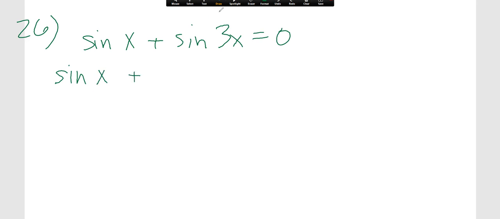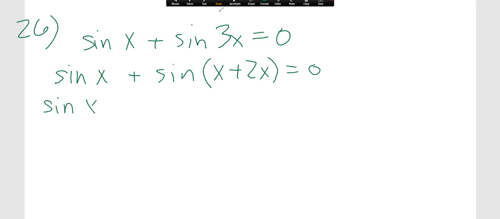Sine x plus, we have to do this, folks. We have to split the 3x up into x plus 2x. We must use the sine sum formula. Now this first sine x that's sitting out here is just going to be lonely for a second until we figure out what's going on in here.